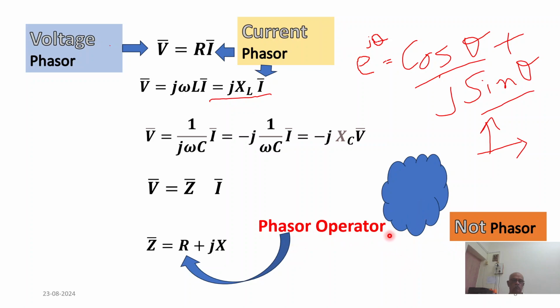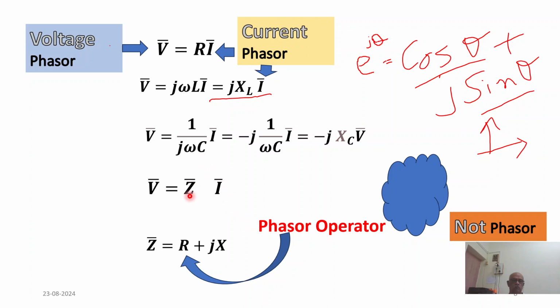It's a phasor operator. Why we are calling it an operator is because it operates on the phasors to give you a phasor relationship. Essentially, it's a complex number over here, or it can be a matrix of complex numbers or anything.